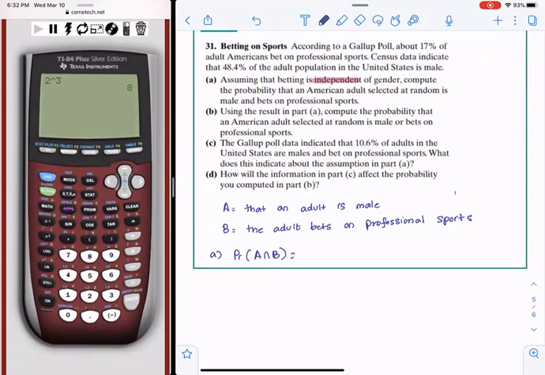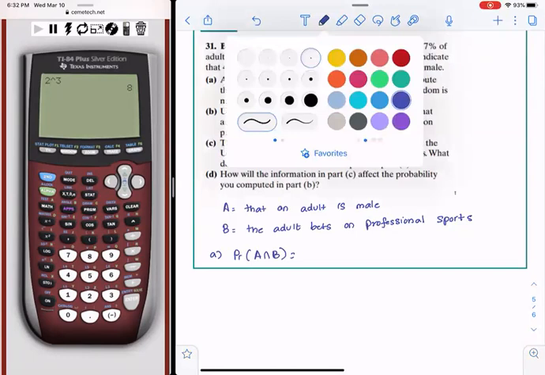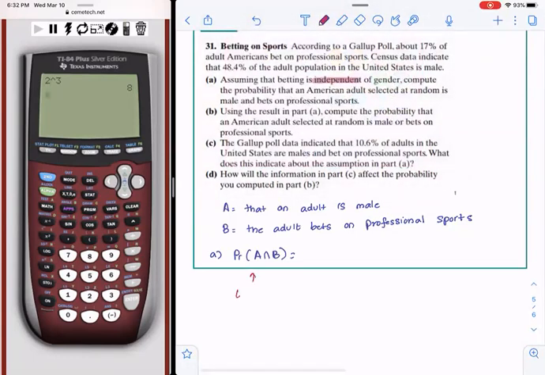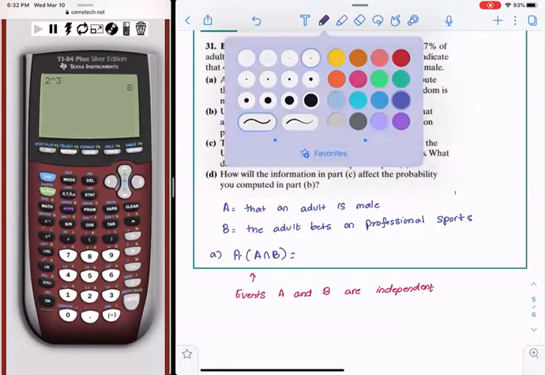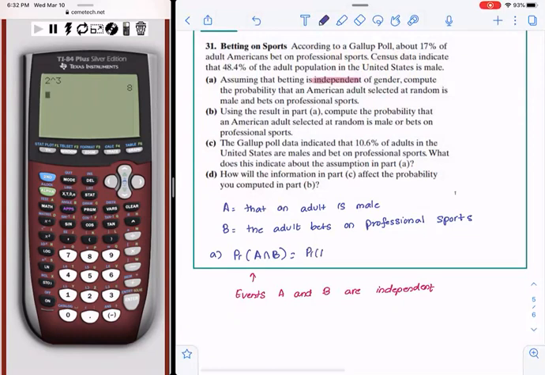So based on what I wrote, events A and B are independent. And what do we know about independent events? If events are independent, I could write probability of A and B as simply the probability of A multiplied by the probability of B.